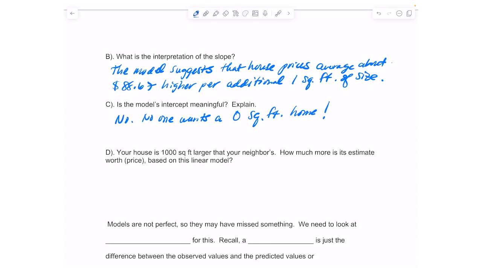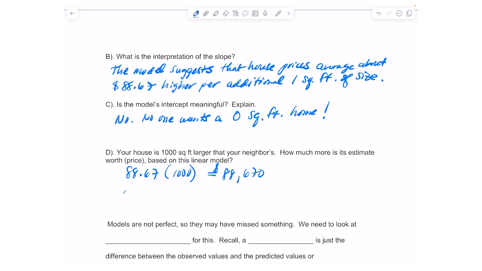Your house is 1,000 square feet larger than your neighbor's. How much more is its estimated price worth based on this linear model? So if it's 1,000 square feet larger, I know it's $88.67 per square foot, and I've got 1,000 of them larger. So if I multiply that, I get $88,670.